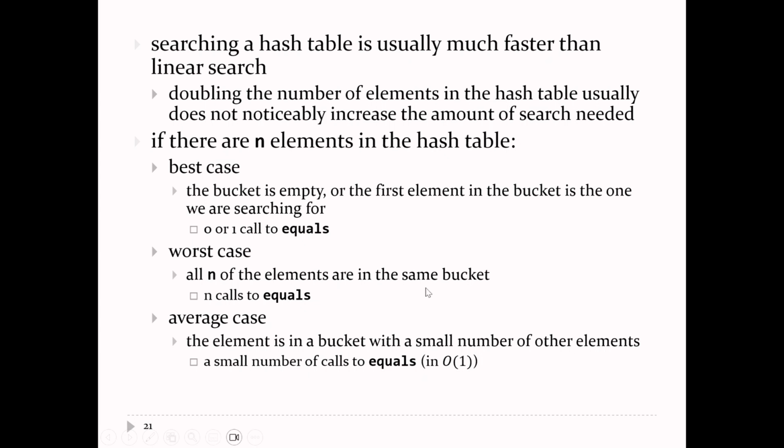So in the worst case, all n elements are in the same bucket, and that leads to n calls to equals. But assuming your hash table is implemented in a decent way, and whoever implemented hashCode for your type did it in a decent way, hash tables are typically very fast. Typically it's O(1) average time.